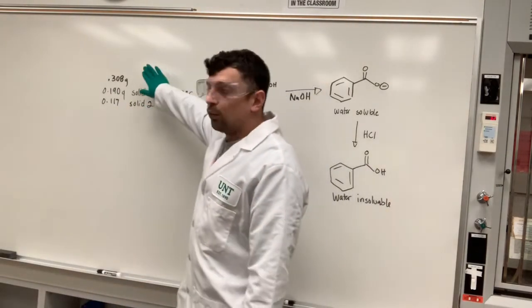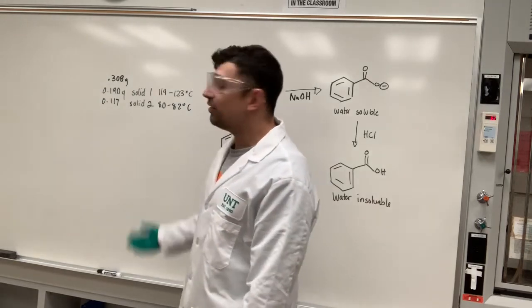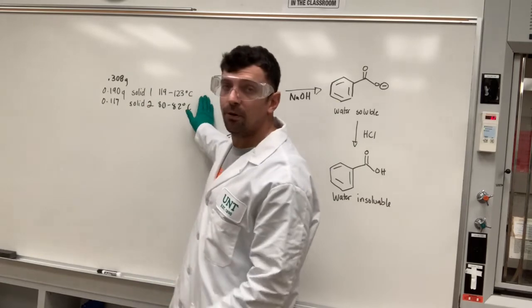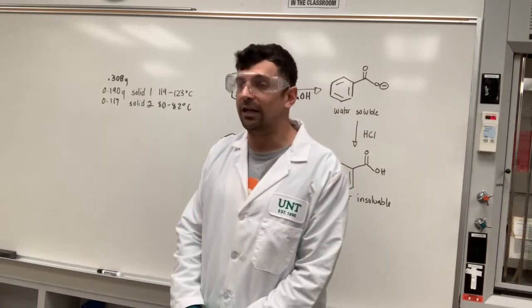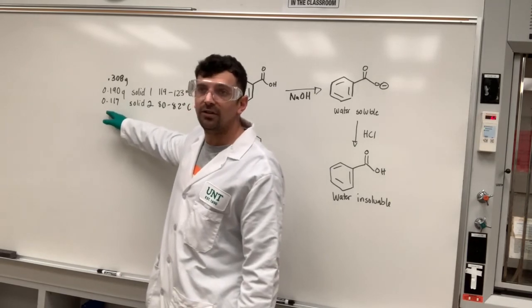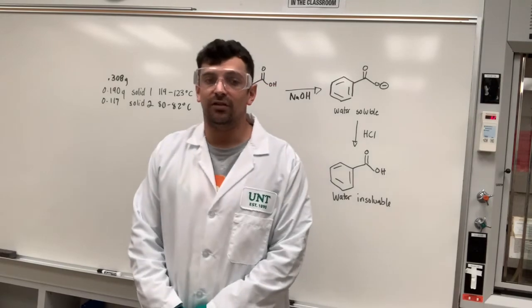Remember, we started with 308 milligrams of the mixture, and I was able to obtain 190 milligrams of the first solid, which had a melting point of 119 to 123, and another solid 2 for 117 milligrams, and it had a melting point of 80 to 82 degrees Celsius.